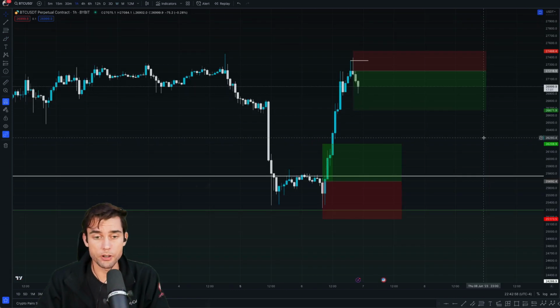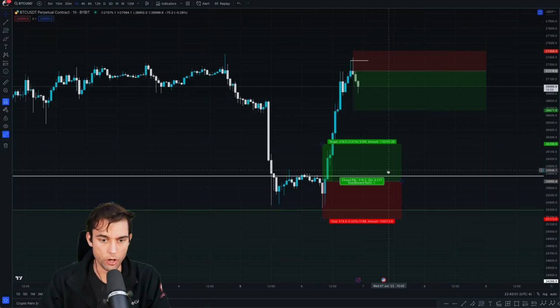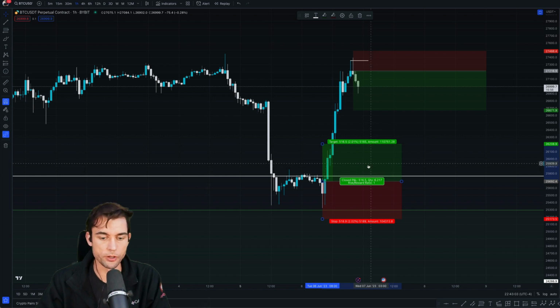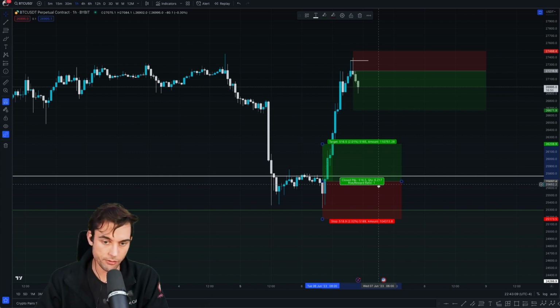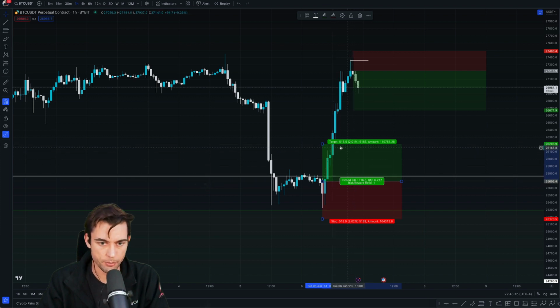And to demonstrate that, we're going to take a look at these two scenarios right here. So we have this trade at the bottom, and you can see it says risk reward ratio equals 1. The reason is that if the price goes up and we hit our take profit, that is 2% away from our entry.